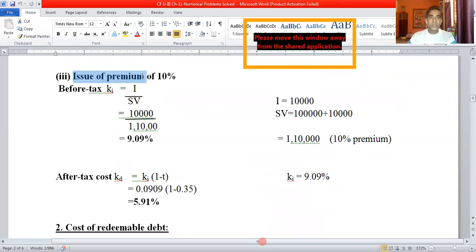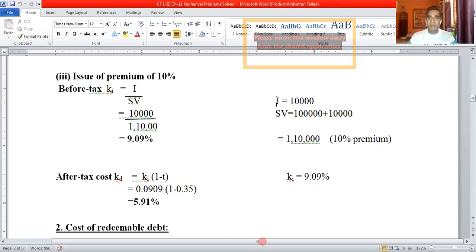Whether the debenture or debt is issued at par, premium or discount, interest is always calculated on the face value. So the interest rate is 10%, and 10% of 1 lakh is 10,000 rupees. It is going to remain the same, so I is 10,000 rupees.